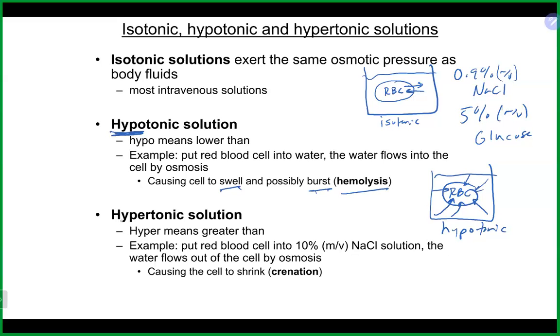Another type of solution is a hypertonic solution. Hypertonic means greater than. So if we take our red blood cell and we put it into a hypertonic solution, what that means is outside of the cell is actually more concentrated than inside the cell.